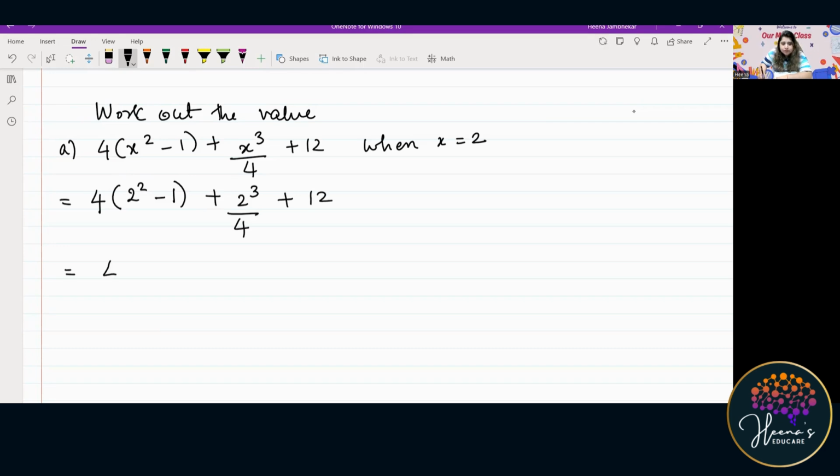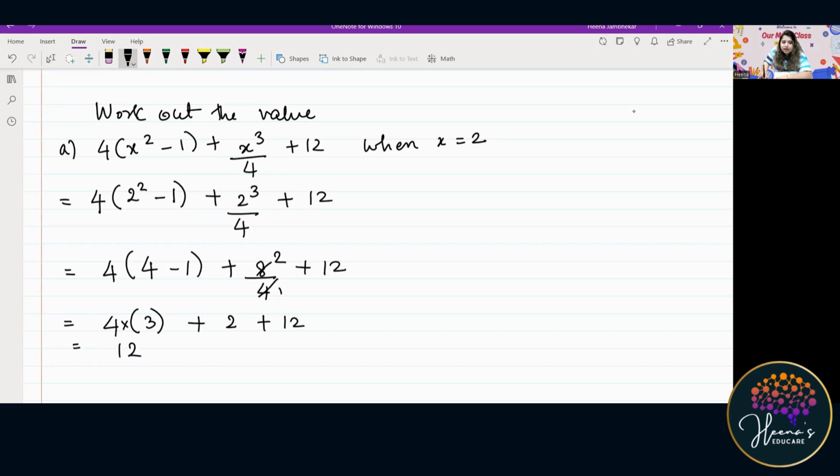Now you have 4 bracket 2 square, 2 square is 4, 4 minus 1 plus 2 cube is 8, 8 upon 4 plus 12, which is 4 bracket 4 minus 1 gives you a 3 plus 4 ones are 4, 4 twos are 8, you have a 2 plus 12. Now there's no sign in between, meaning there's a multiplication sign. So 4 threes are 12 plus 2 plus 12. 12 plus 12, 24. 24 plus 2 gives you a 26. So your answer is 26.